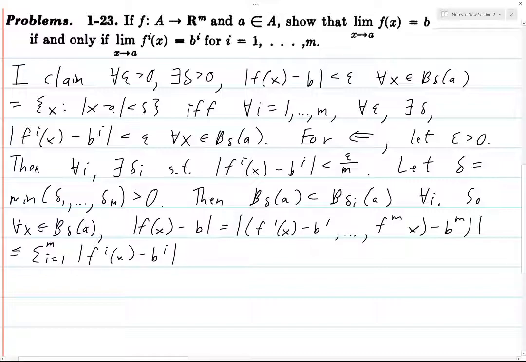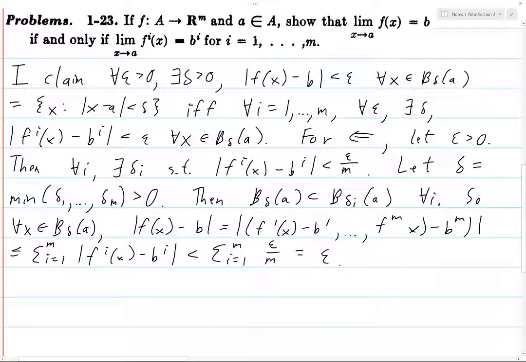Now since this delta ball is contained in every delta_i ball, we can replace every single one of these with this, because we've satisfied the condition from before. So this must be strictly less than the sum from i equals 1 to m of epsilon over m, and that's exactly epsilon.